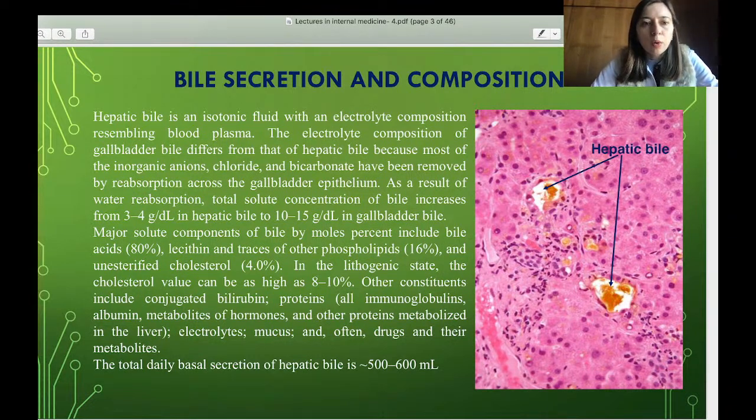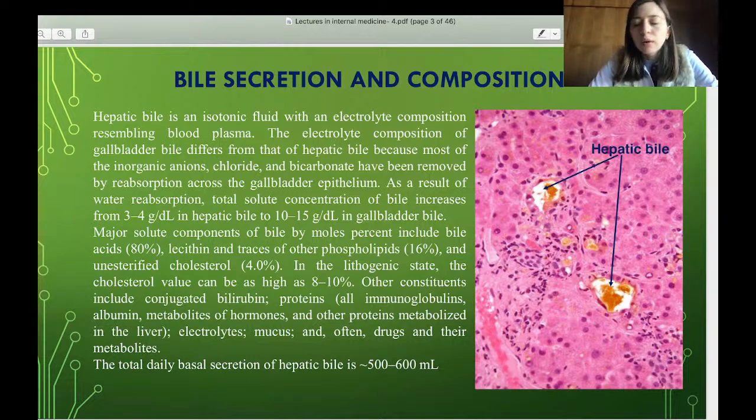Major solute components of bile by moles percent include bile acids 80%, lecithin and traces of other phospholipids 16%, and unesterified cholesterol 4%. In the lithogenic state, the cholesterol value can be as high as 8-10%.